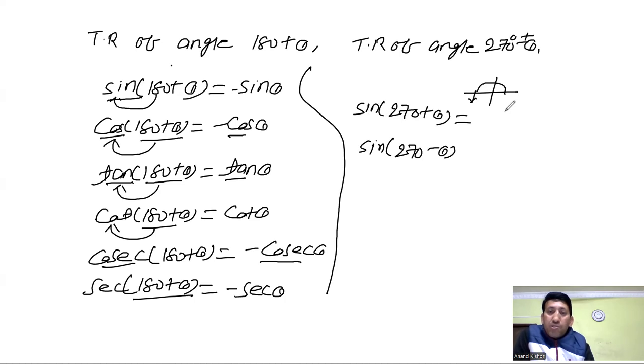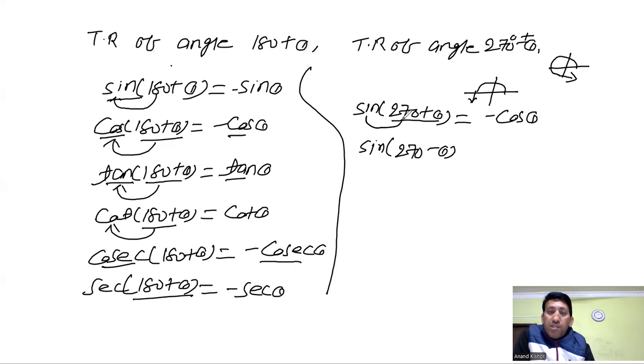So sine becomes cos, and whatever angle is there after 270 plus something will be there. In place of something, theta: 270 plus theta, cos theta. Which quadrant? 270 plus something is the fourth quadrant, sine negative. So this will be negative.